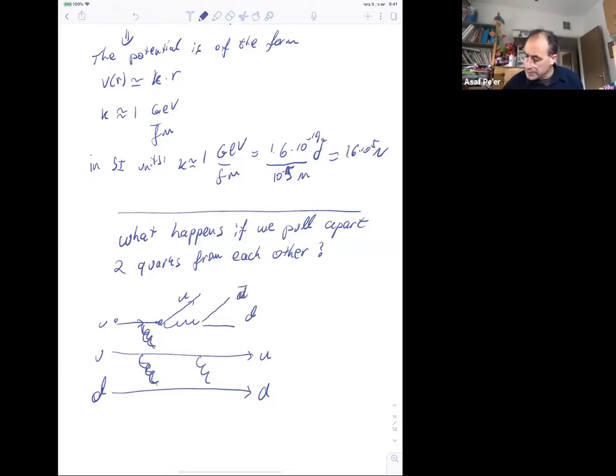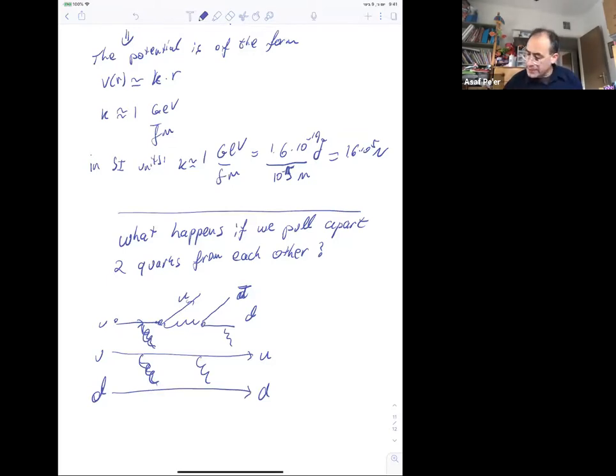I just had an example, a pair of a down antidown. Now the strong interaction would bind one of these newly formed quarks to the original quark, and the other one to the friends.